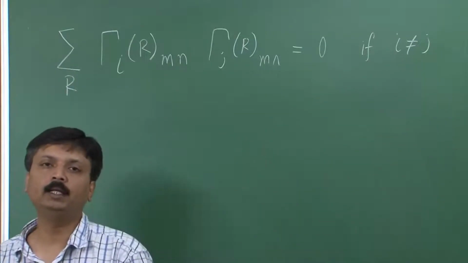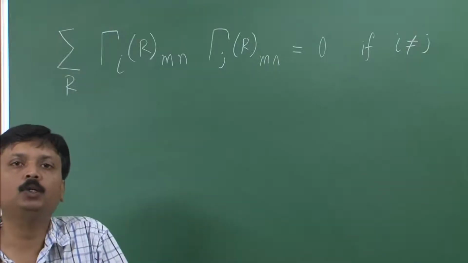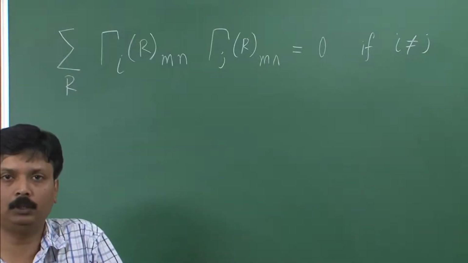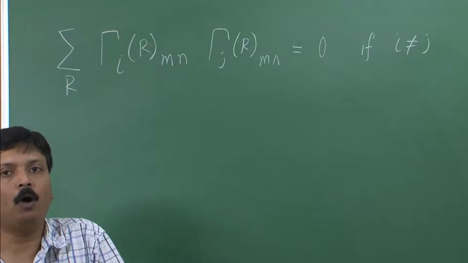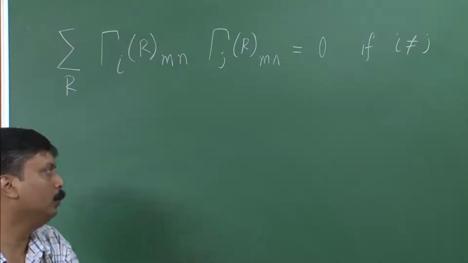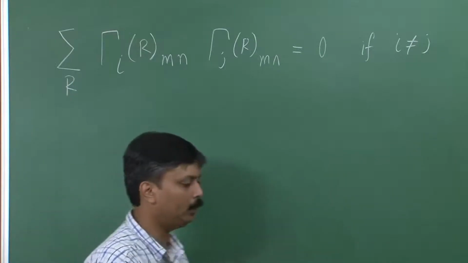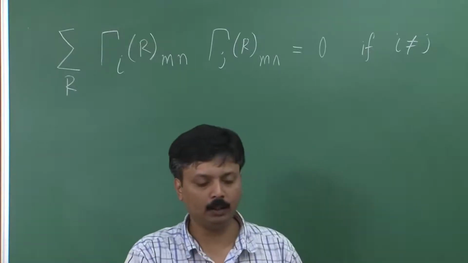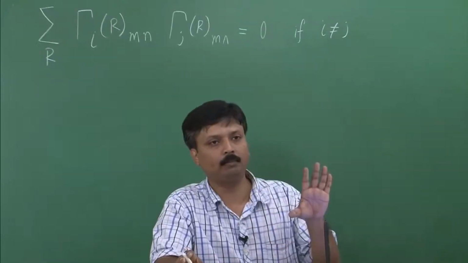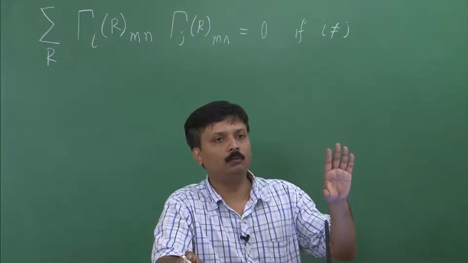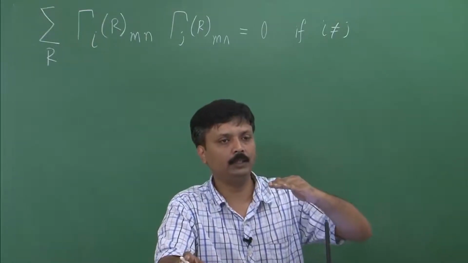What does this mean? That is, if the elements do not belong to the same irreducible representation, then they will be orthogonal. Okay. So what we can say if I look at any character table. So I have 2 different irreducible representations, right.